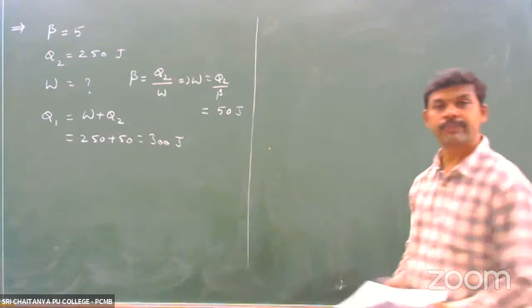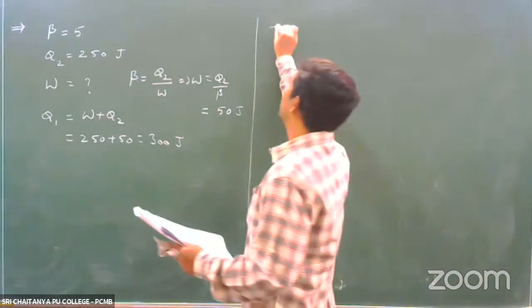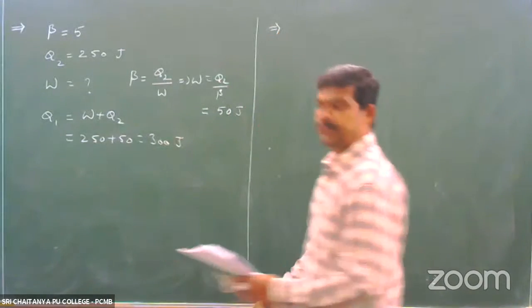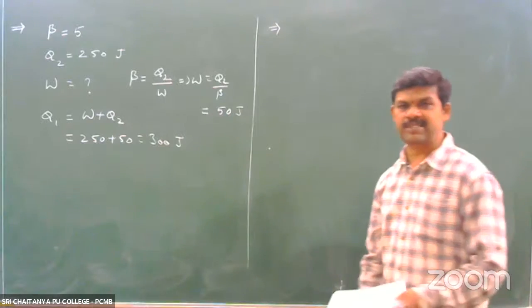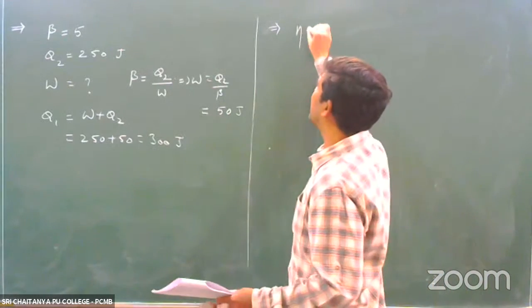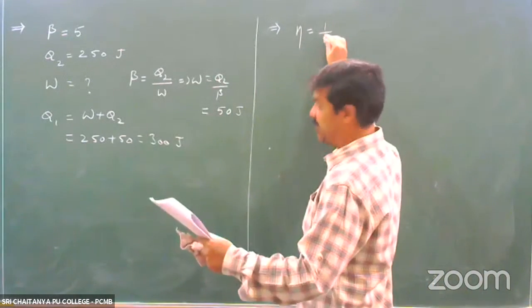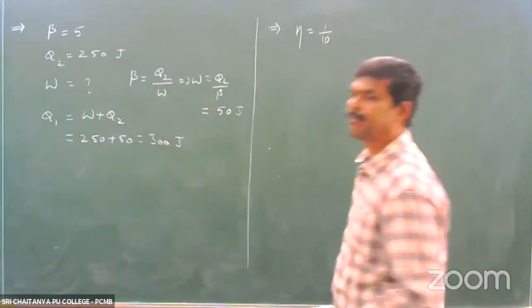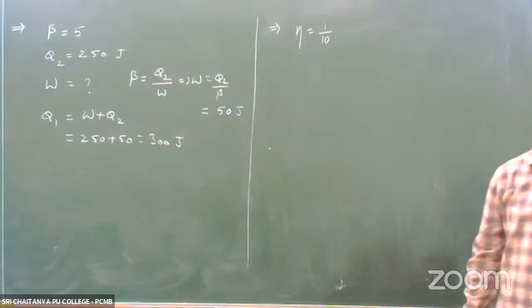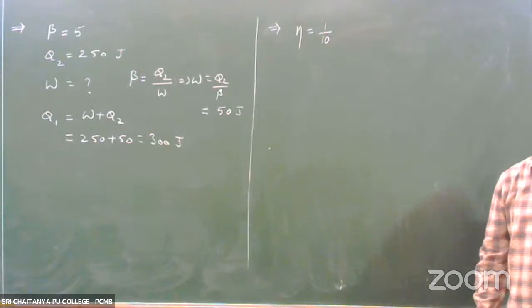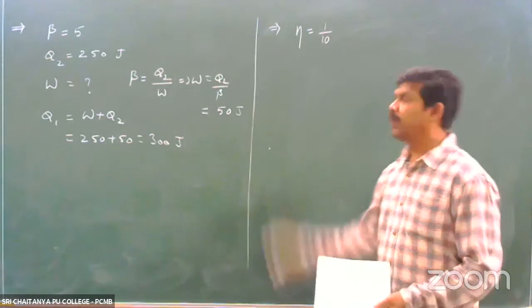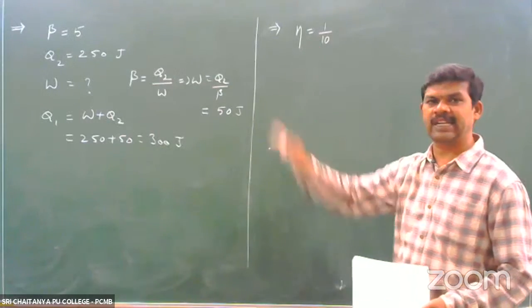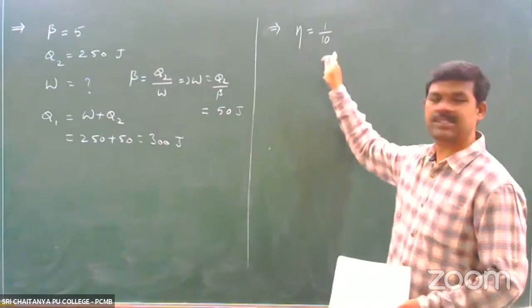Next. Given that a Carnot engine having an efficiency 1 by 10 as a heat engine. When the Carnot engine is acting like a heat engine, efficiency is 1 by 10.